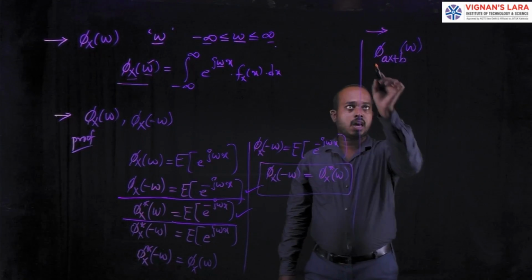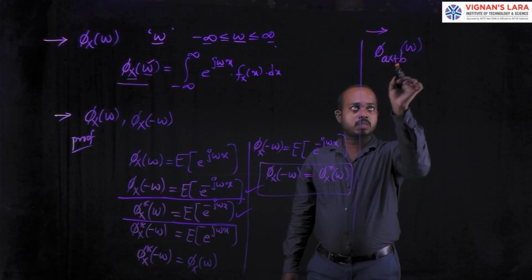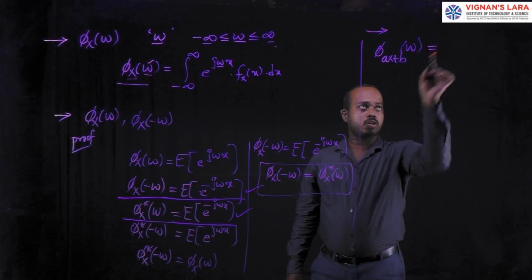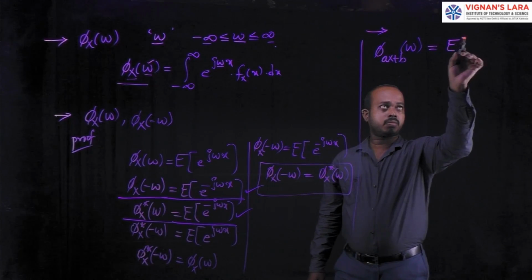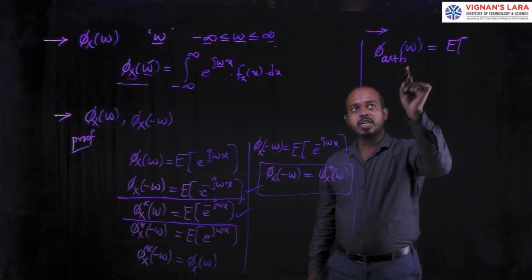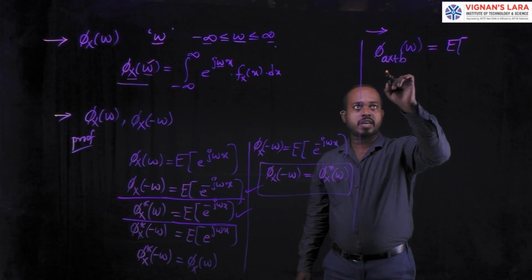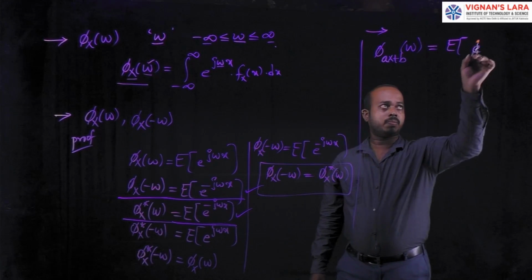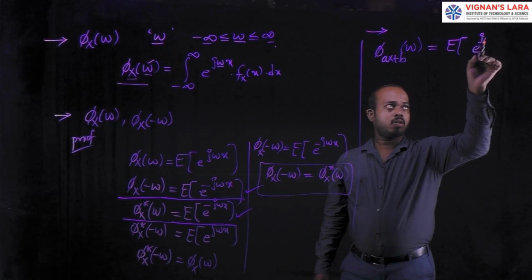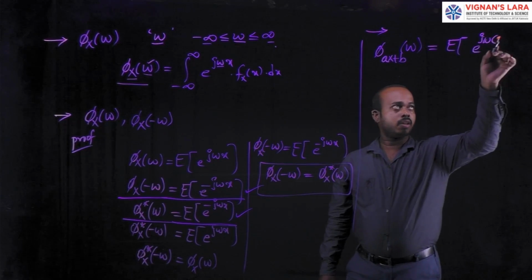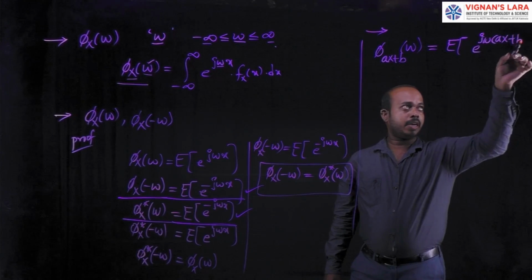For that I am writing φ of ax plus b of omega is equal to expectation of, where x is there, you keep the value ax plus b. Here e power j omega x, with x value ax plus b.